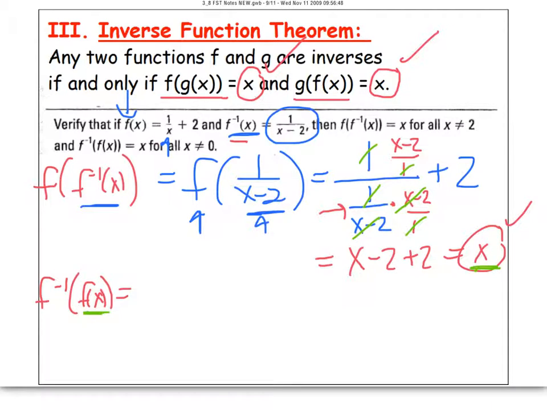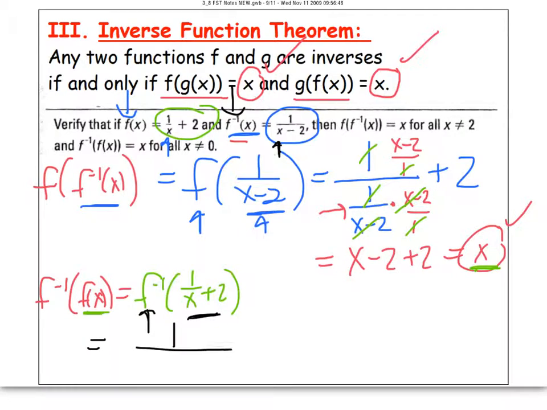Let's take f of x and put that in here. So f negative 1 of f of x is 1 over x plus 2. Now it says go to the f negative 1 function, which is here. Wherever you see x, put that in its place. Again, just be careful. This was 1 over x minus 2.